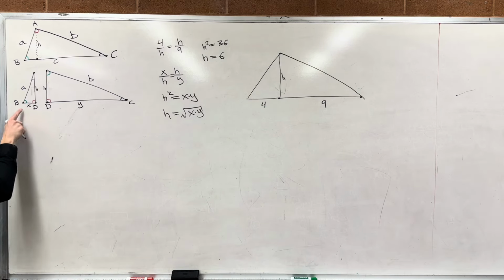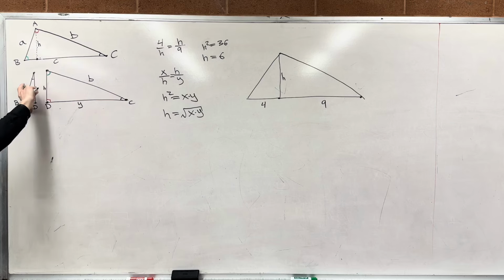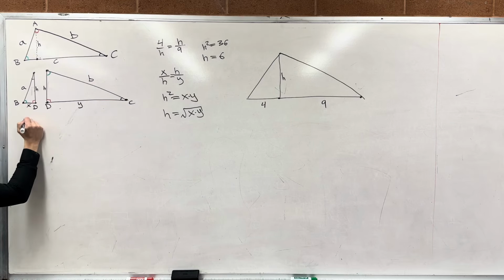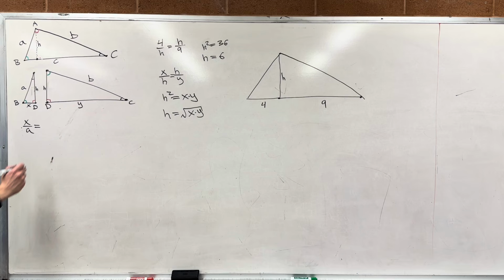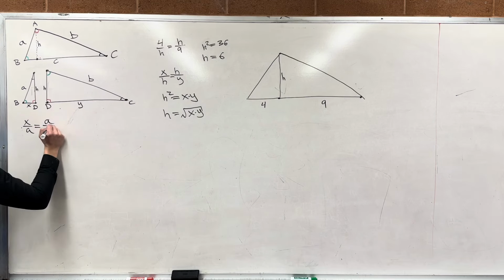So now, looking at how this is similar to this, tell me what x over a is equal to. X over a is equal to what from the big picture? Notice that we're doing small side to the hypotenuse. Small side over the hypotenuse is equal to a over c, small side over the hypotenuse.